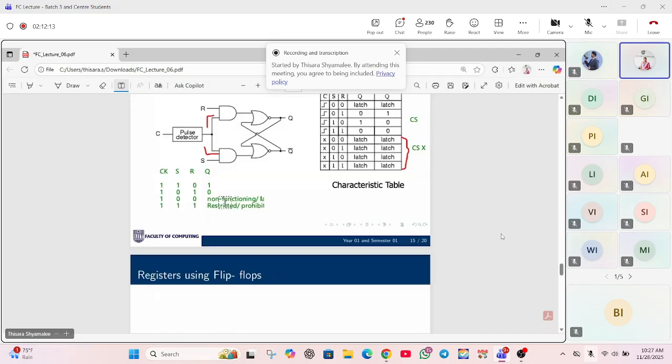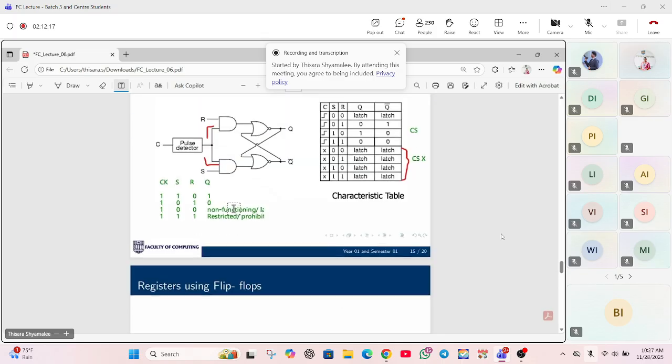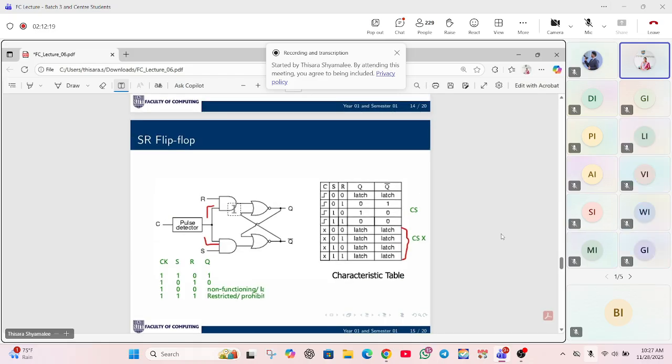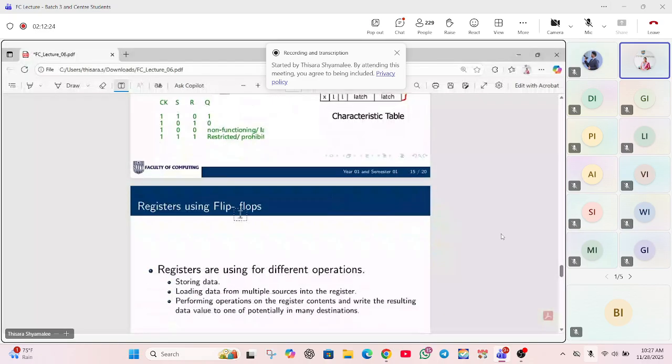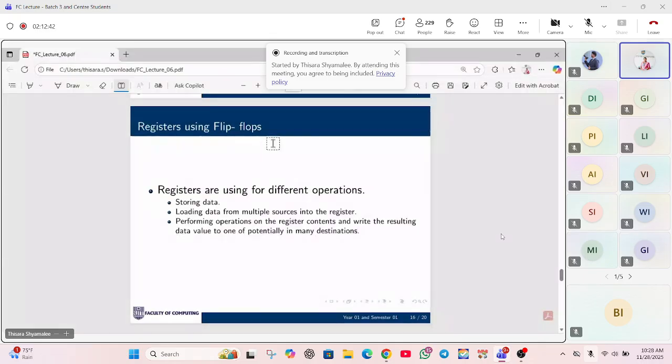Here, we talked about the SR flip-flop, and I want to tell that if the clock signal is not provided, that means the flip-flop is not working. That means it becomes latch. Then the registers using flip-flops.